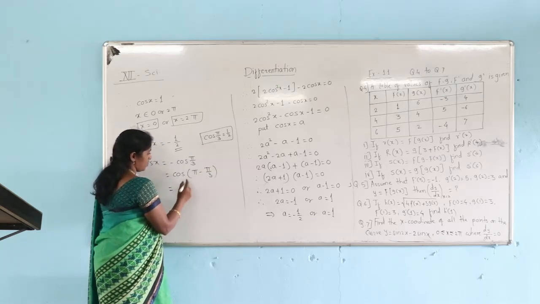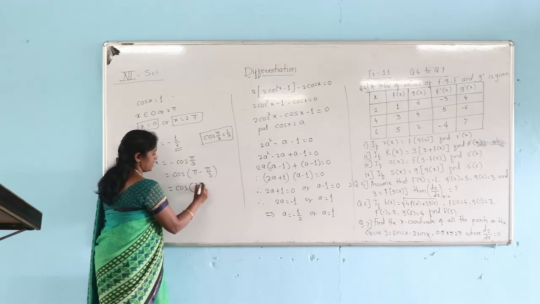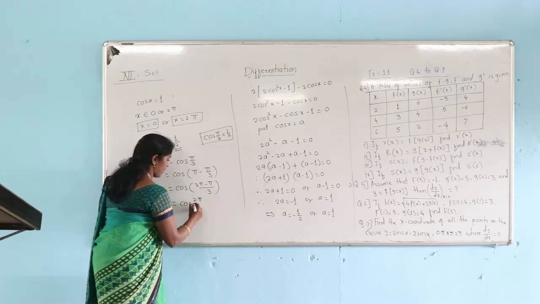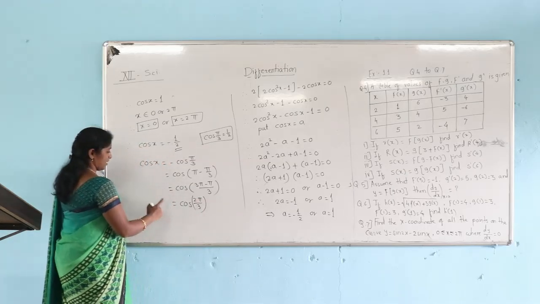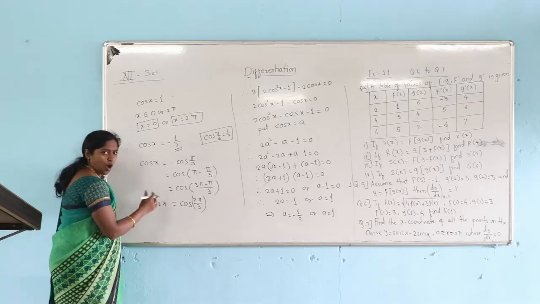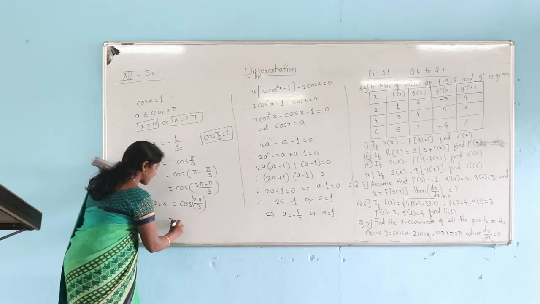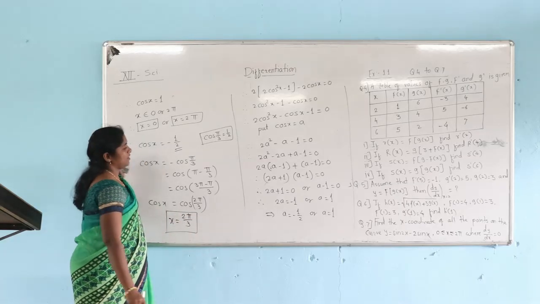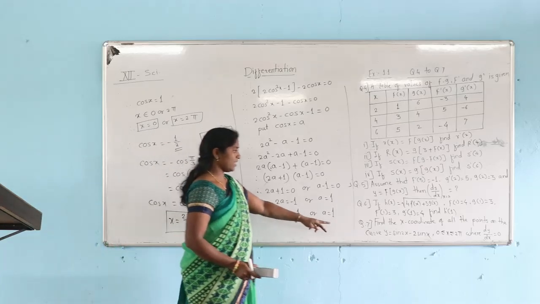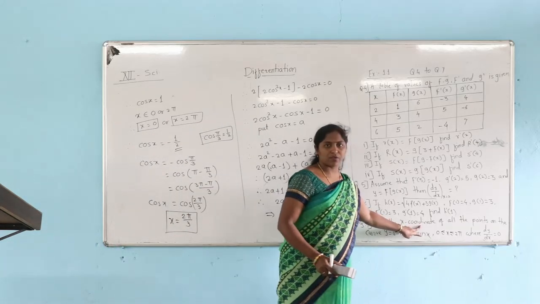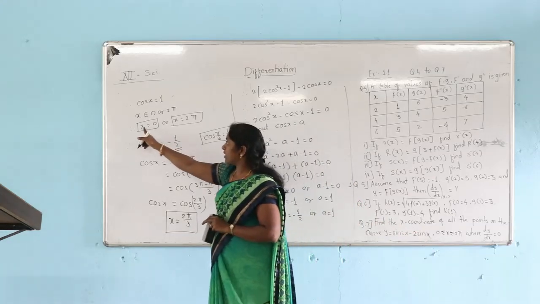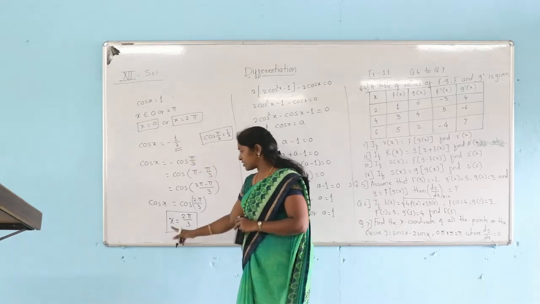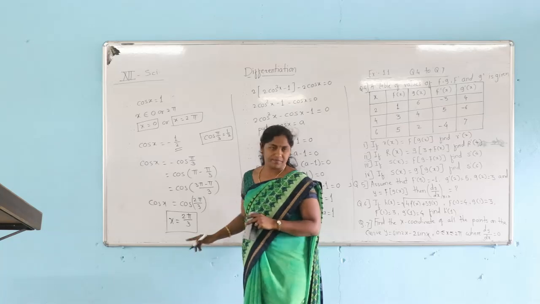Now cos of pi minus pi upon 3, we get cos 2 pi by 3. Now if we cancel cos on both sides, x is equal to 2 pi by 3. Hence the required x coordinates are x is equal to 0, x is equal to 2 pi, or x is equal to 2 pi by 3.